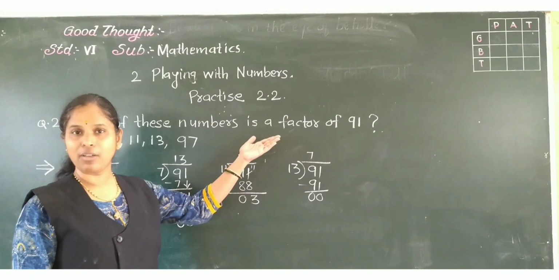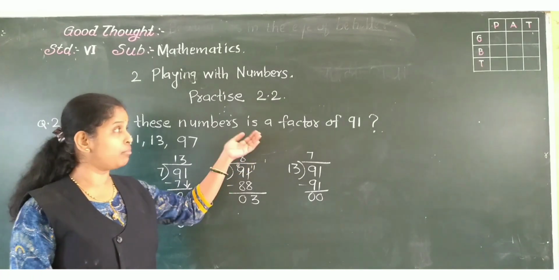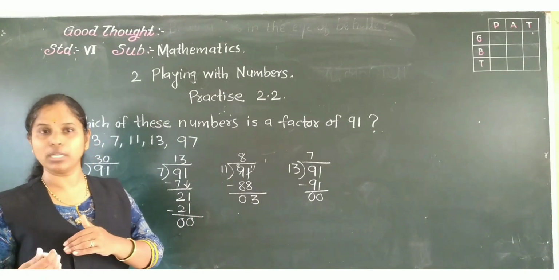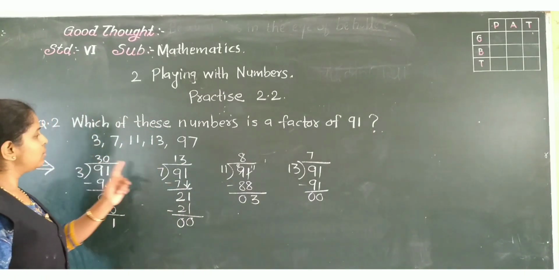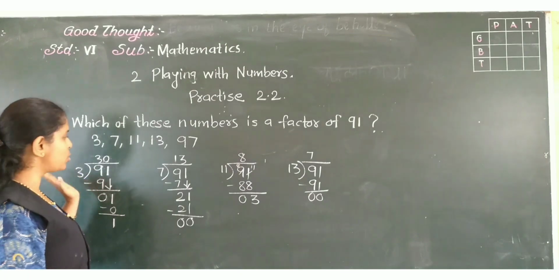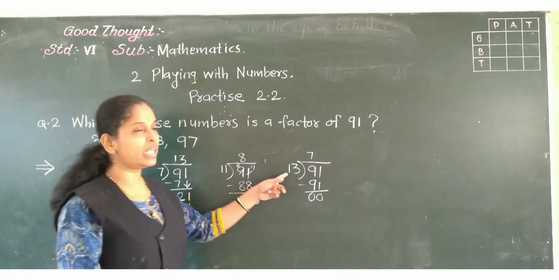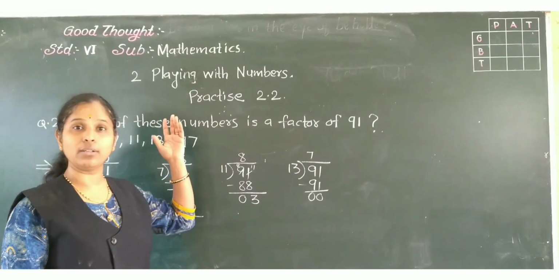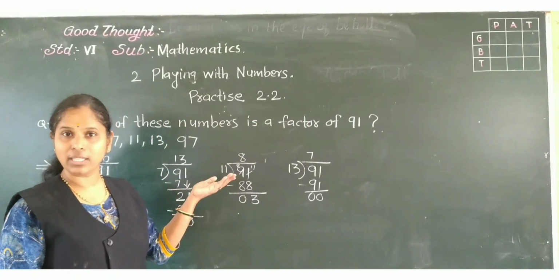Correct? Factors means what? To identify also, the number should be smaller. See here, which are factors? 7, 13, they are smaller than 91, and 97, see, it is bigger. Could it be a factor of 91 then?